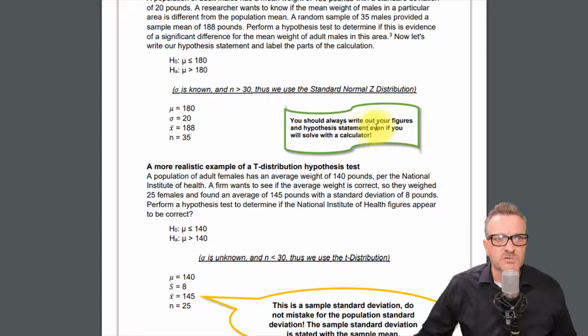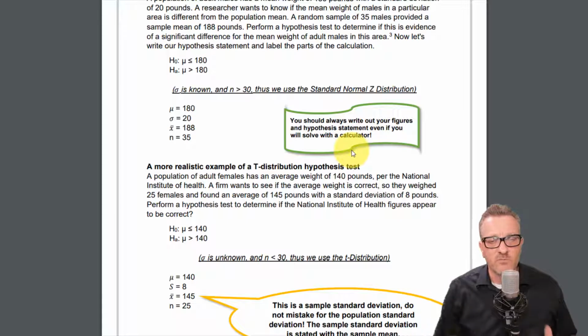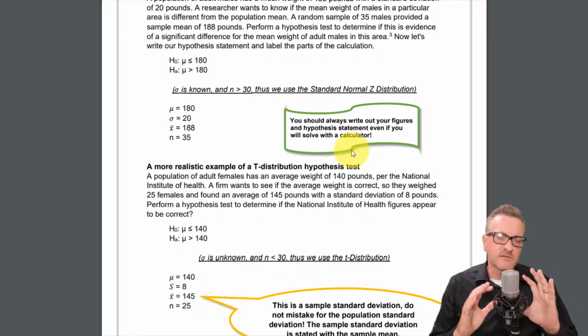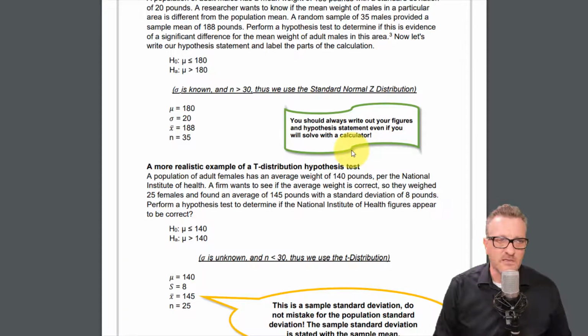Okay, it says you should always write out your figures in the hypothesis statement even if you will solve it with the calculator. So I really recommend that you don't go straight to the calculator, because you can come up with the wrong answer in your calculator right off the bat and not know that you're getting the wrong answer.